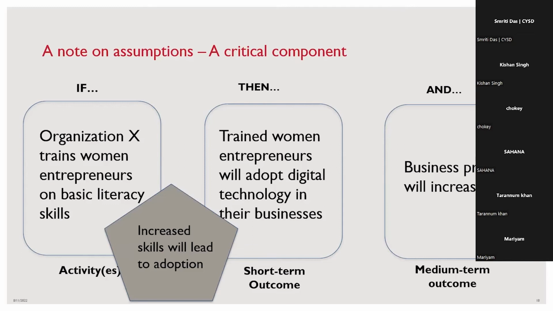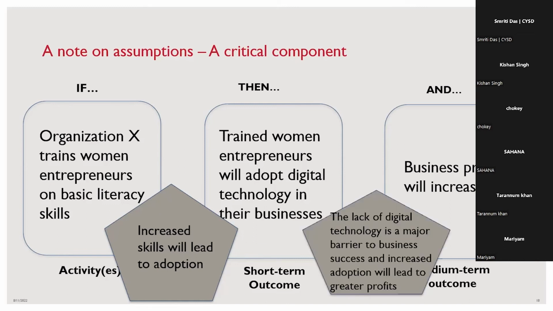And that is actually a really big assumption, right? That doesn't actually always hold. We see that in the real world, that building skills doesn't always lead to behavior change. So it's an important assumption and something that we really need to be careful about because it's a big one.